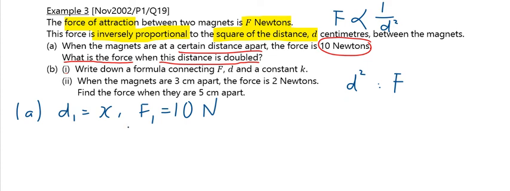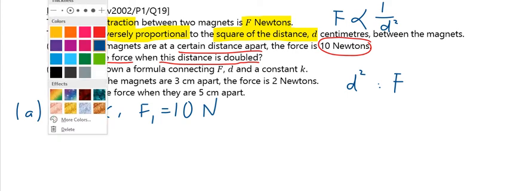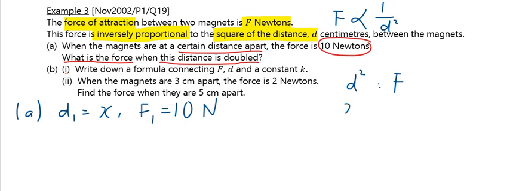So if the first distance is x, I will write down x squared, so it is equal to 10. Now, the question asks you when the distance is double, so your second distance will be 2x. But then we have to consider that the distance is squared, so I will just put d2 squared.